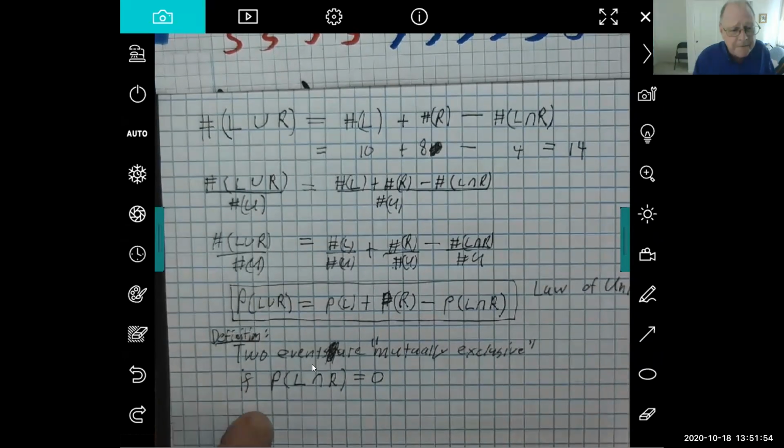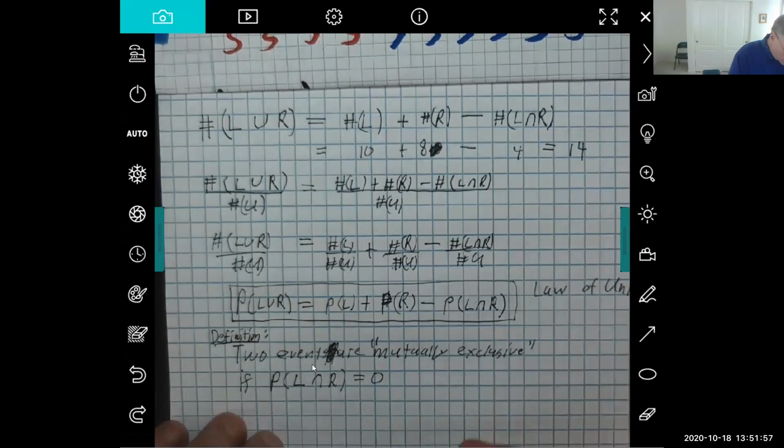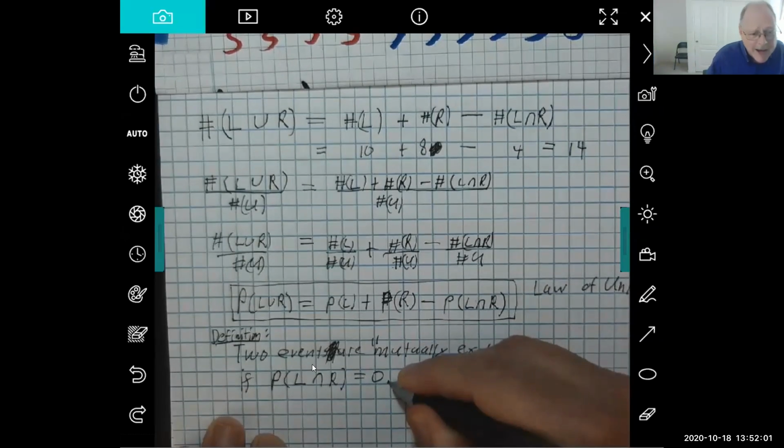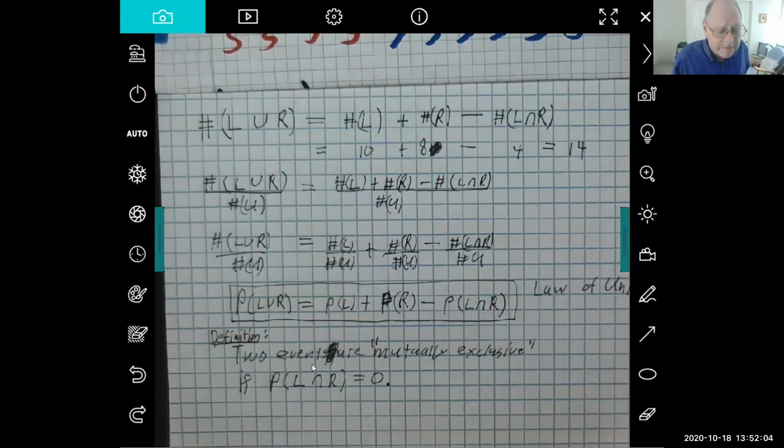So if that probability equals 0, for any two events, that's what you call mutually exclusive.